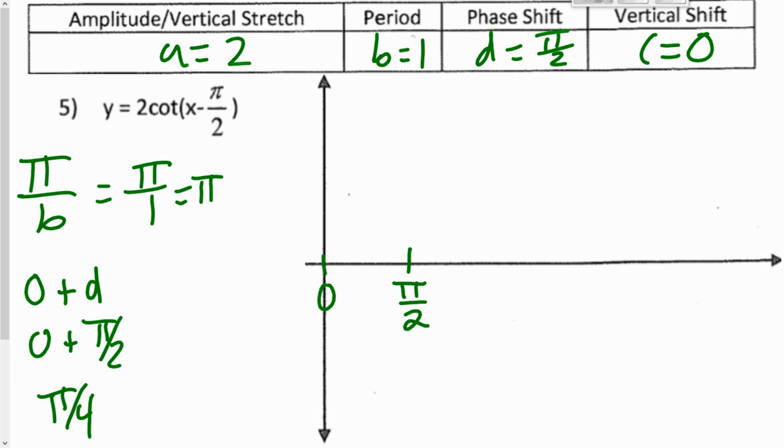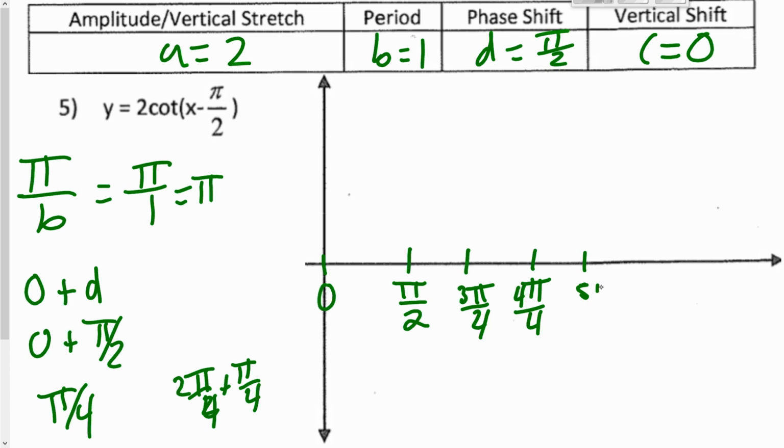So we're going to take pi halves, and we're going to add pi fourths. So that'd be 2 pi fourths. So that'd be 3 pi fourths. And then add another pi fourths, which is pi, or 4 pi fourths. 5 pi fourths.